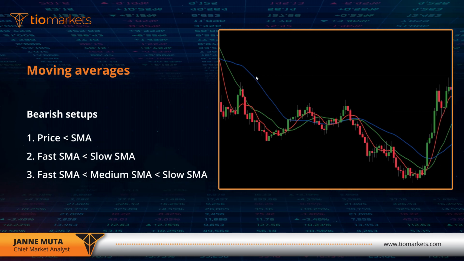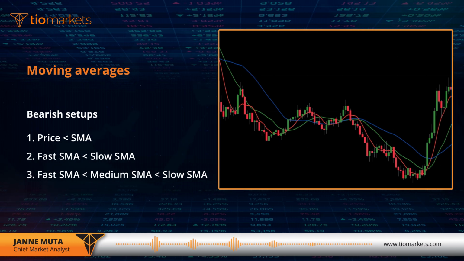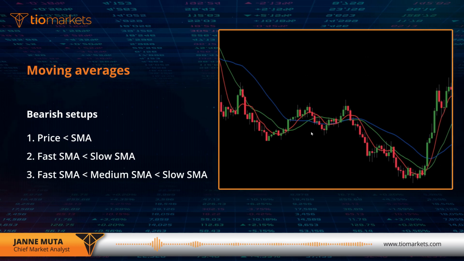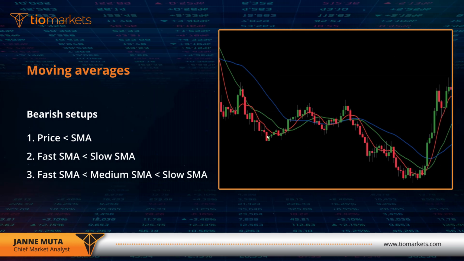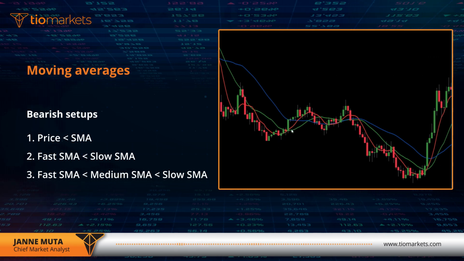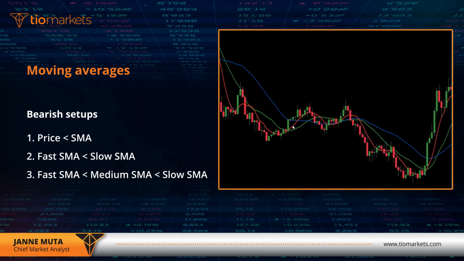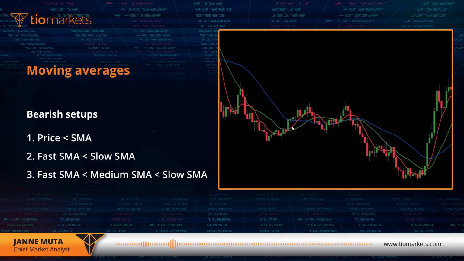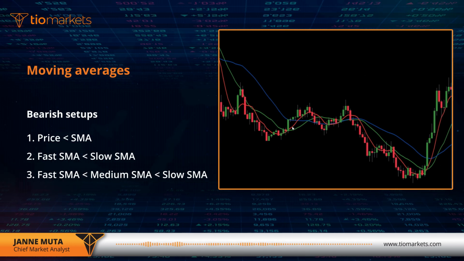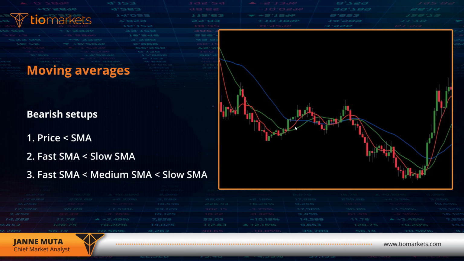But then the system where you have, for instance, three moving averages, when the red, the fast one, is moving above the green, that sort of gives you an advance warning in some situations that the market might now be starting to move sideways or move higher.